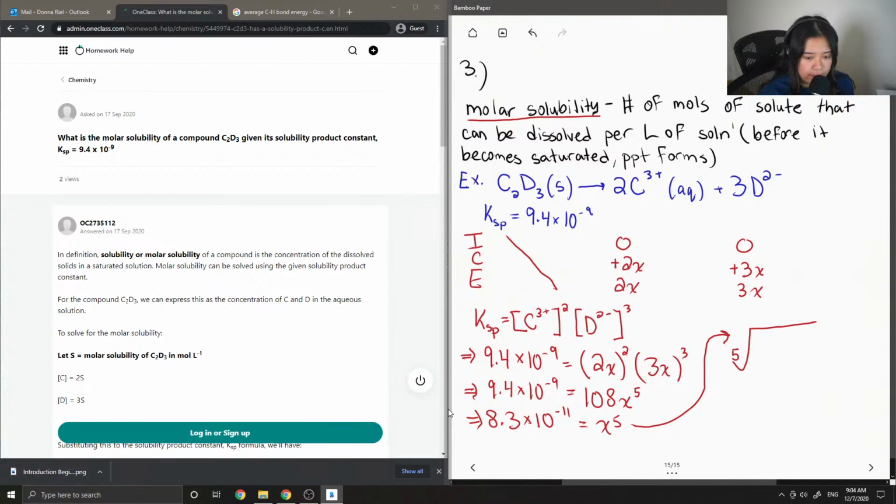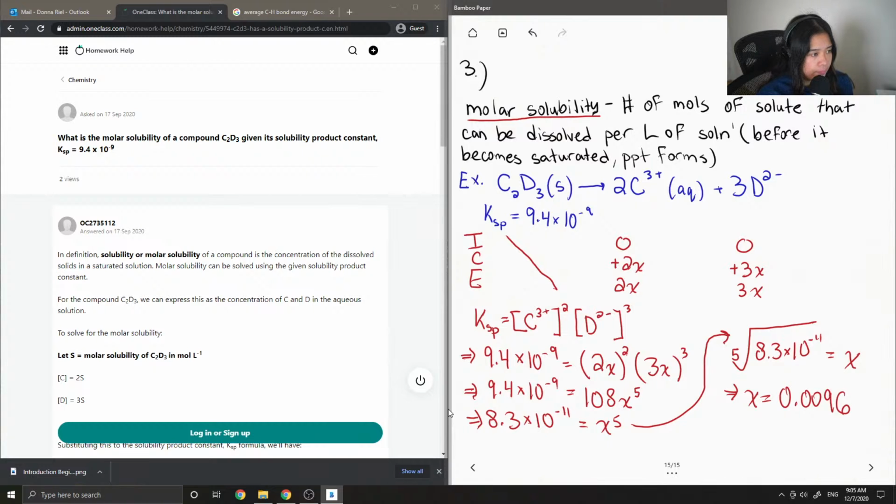And now we just do the power of 1 over 5 for both sides, which gives us an x value equal to around 0.0096. Okay, so this is the molar solubility of the compound.